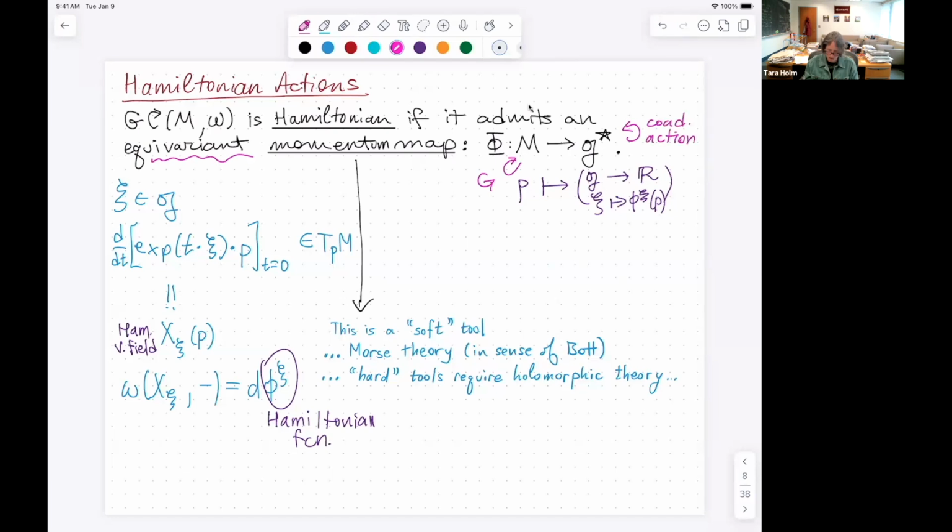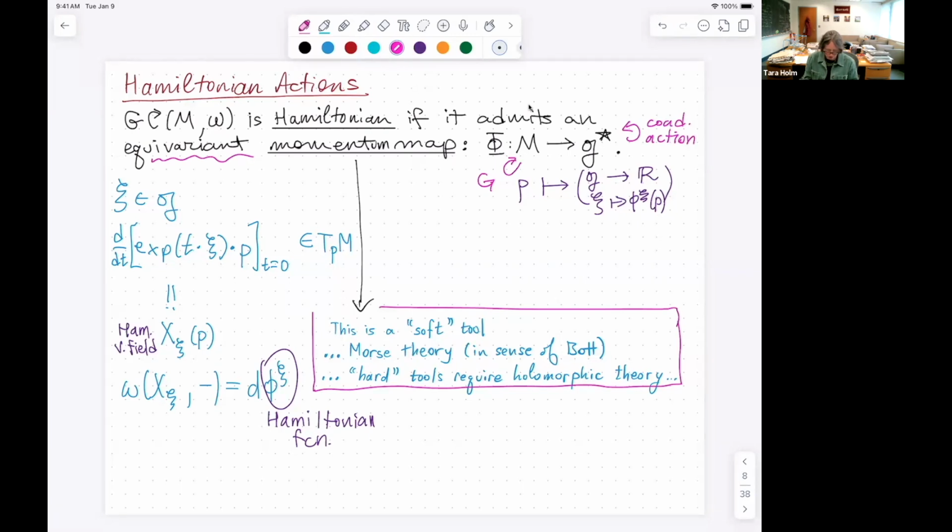Okay, so this is standard bread and butter in the equivariant side of symplectic geometry. And the point that I wanted to make here is that this is a quote unquote soft tool, which means that it's related to Morse theory in the sense of Bott.